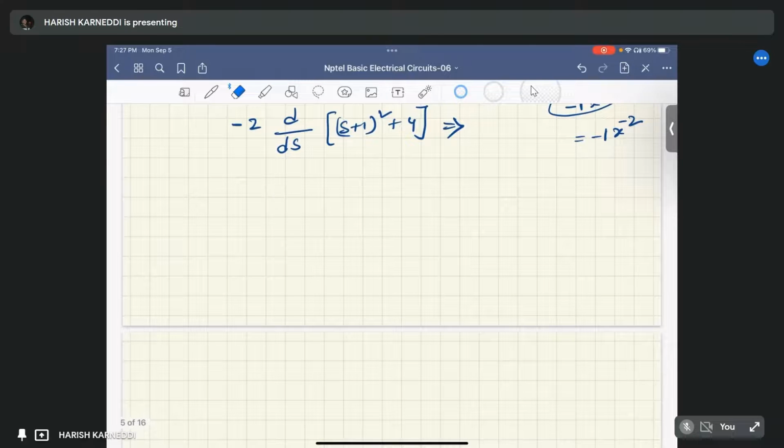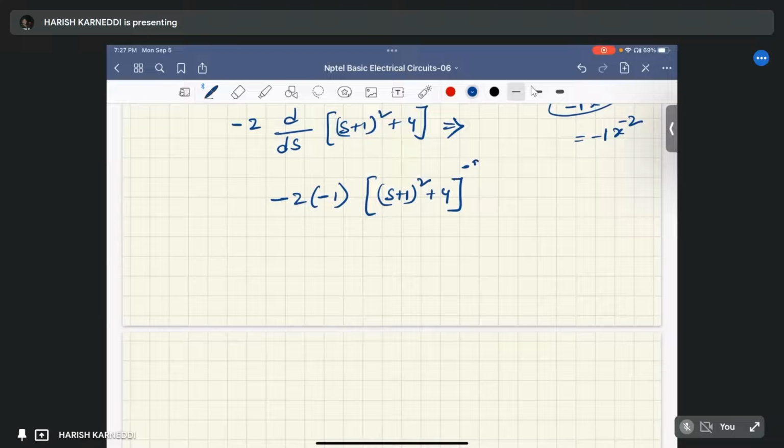That is minus 2 into minus 1 by half of (s plus 1) whole square plus 4. Again we have to differentiate the inner function, right? d by ds of (s plus 1) whole square plus 4.